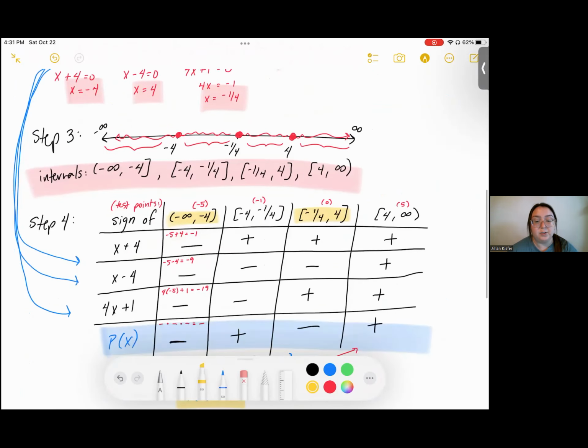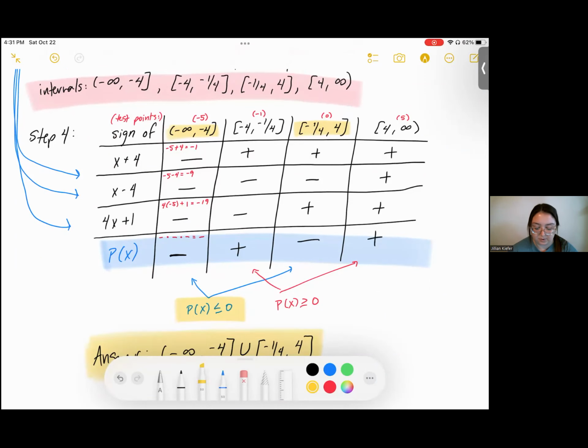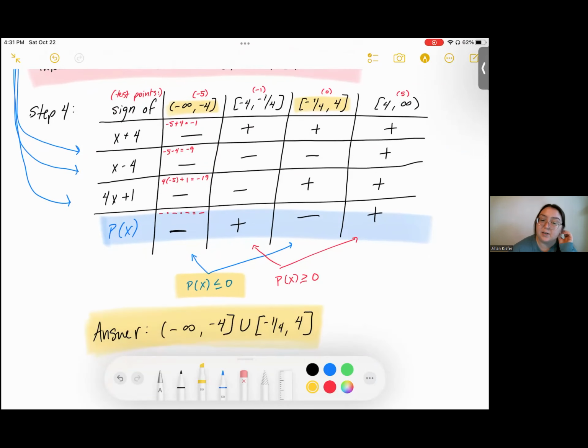So we look back at our intervals, and yes, we drew square brackets on all the values of the 0 and parentheses on the infinities. So we did do that correctly. And there's our final answer: the intervals -infinity to -4, union -1/4 to 4.